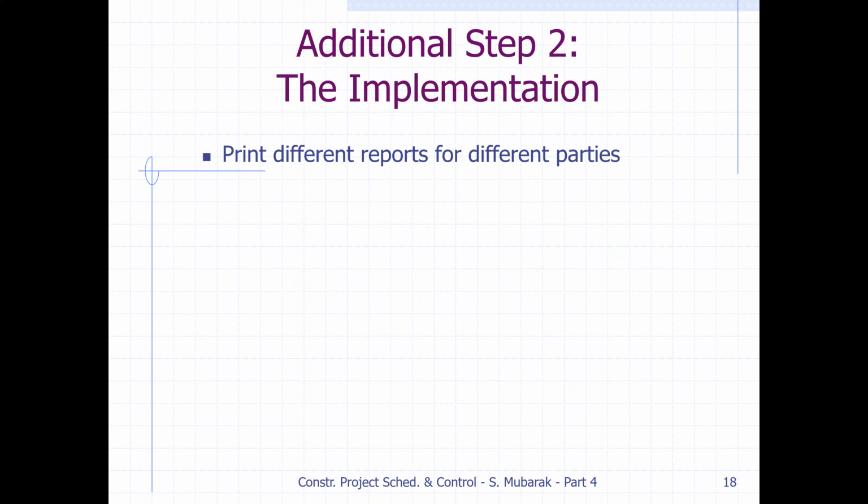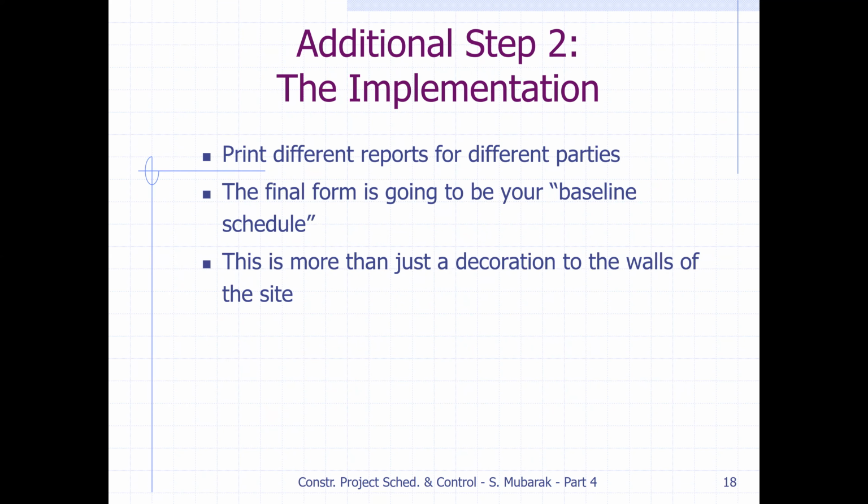Continue with the step: print different reports for different parties. Sometimes we print a different report for the different parties, like this part of the schedule is for this subcontractor, and this part is for that subcontractor. The final form is going to be your baseline schedule.